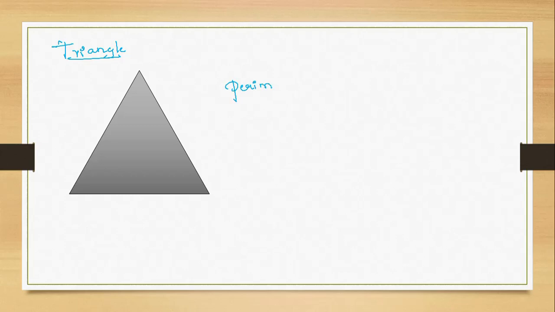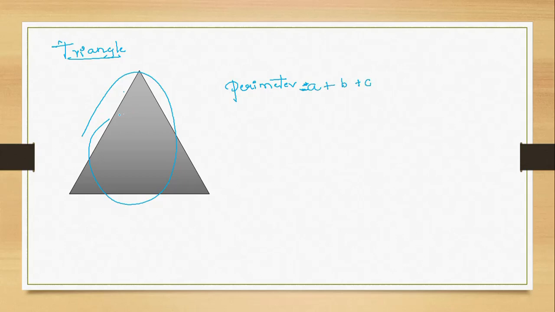The perimeter of the triangle is the total length around the triangle, we consider it as the perimeter, ಅಂದರೆ ಸುತ್ತಳತೆ ಅಂತ. So the length around the triangle is considered as the perimeter. The formula of perimeter is a plus b plus c.